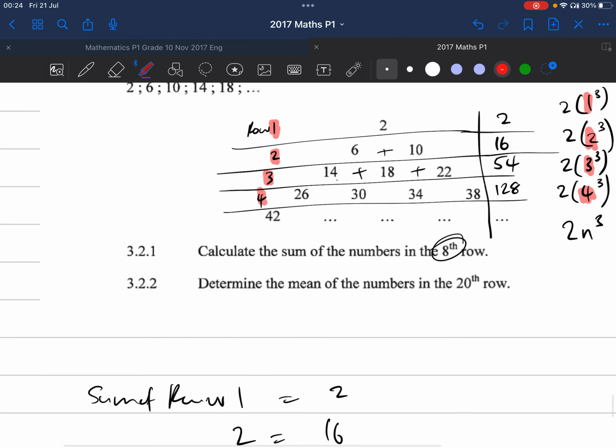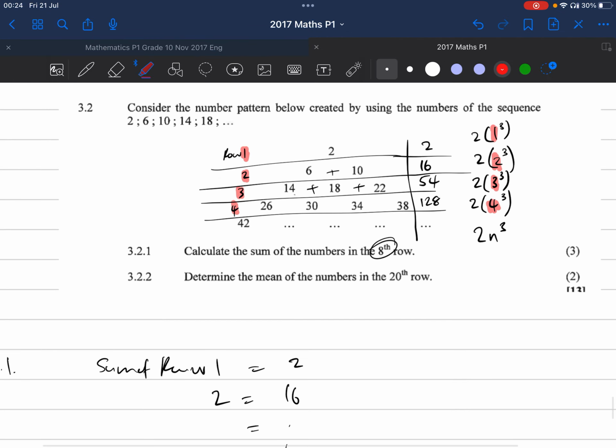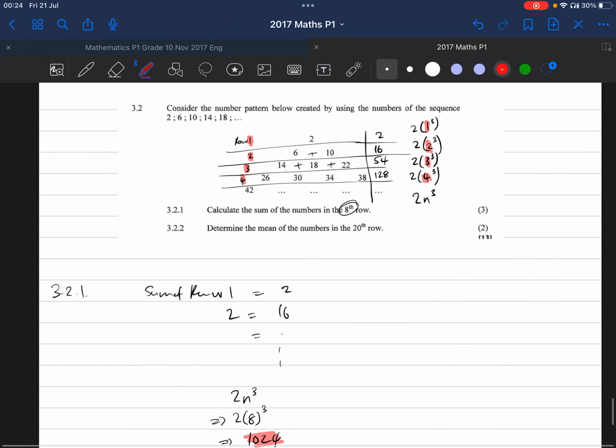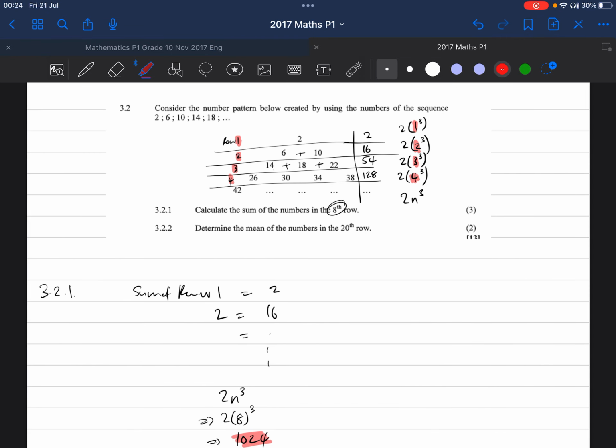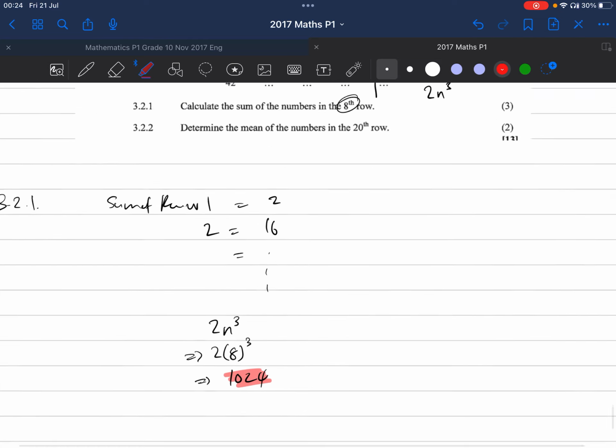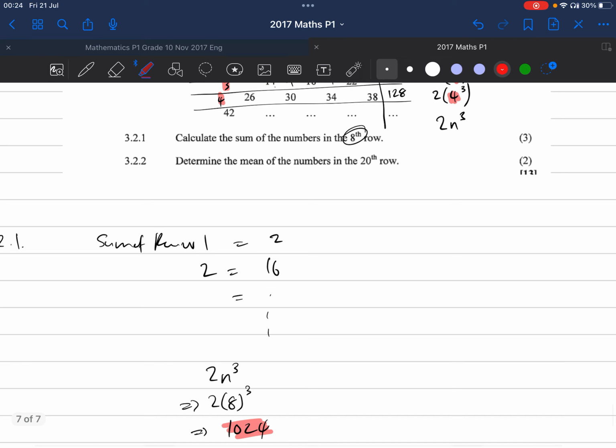Okay, determine the mean of the numbers in the 20th row. Okay, so let's try and see if we can come up with something similar for this one here. Let's see if we can find a pattern for this one as well. Well, there isn't a pattern to find, because let's think about this, right?